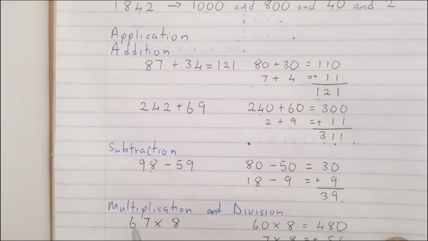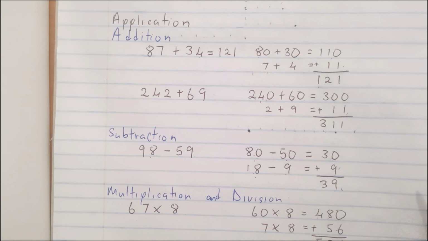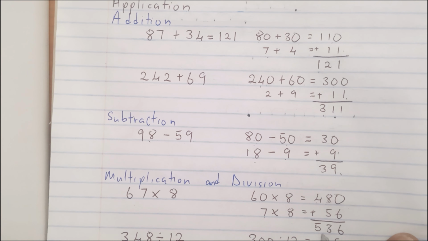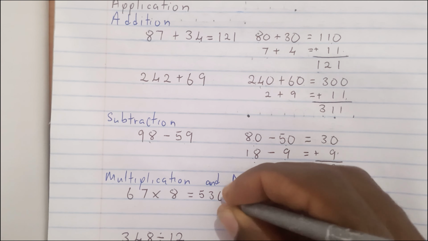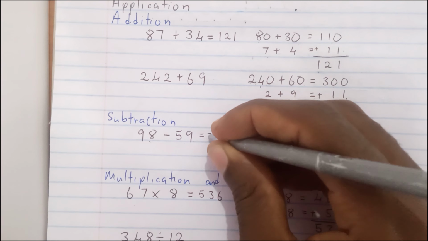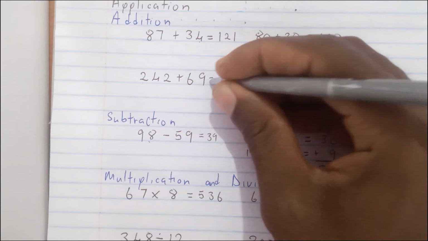Remember, I will not say 6 times 8, because as we've seen, it's not 6, it's 60. 60 times 8 gives 480, simply because 6 times 8 is 48. Then 7 times 8 is 56. We add all of them together to get 536.